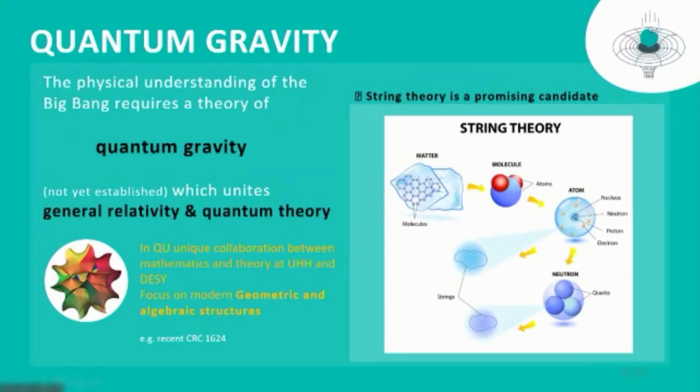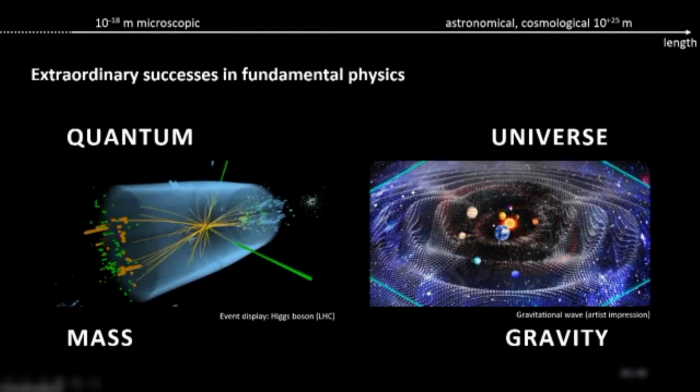So if you really want to understand the Big Bang and how it evolved to today's universe, you still need a theory that describes all what I tried to describe here: a theory of quantum gravity, a theory that brings together general relativity, Einstein's theory of relativity, and quantum theory. Merge them together, and this is a very active part of the work of our cluster, which I haven't had the pleasure to discuss. String theory is a buzzword that clearly resonates in this frame. I stop here. I don't want to go into detail.